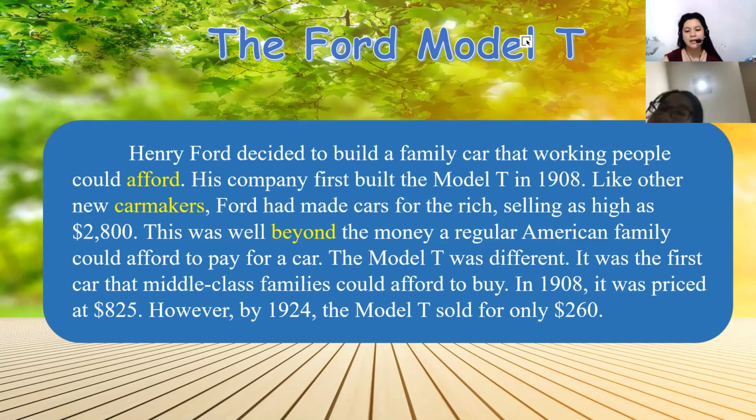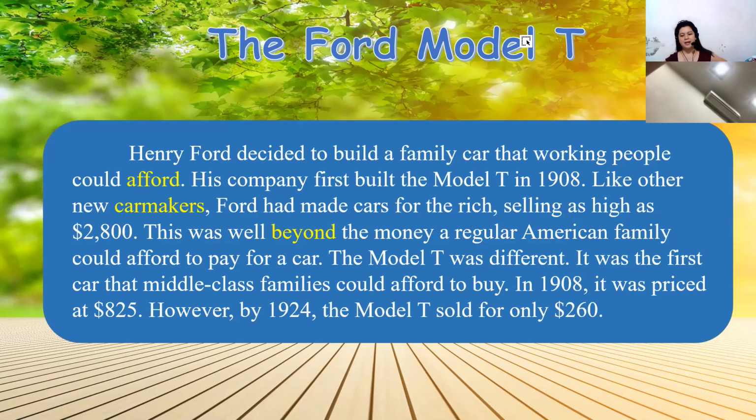Right. Okay. Now, I have a question for you, Chi, based on this paragraph. What is the price of the cars that are made for the rich? $2,800. All right, that's correct.